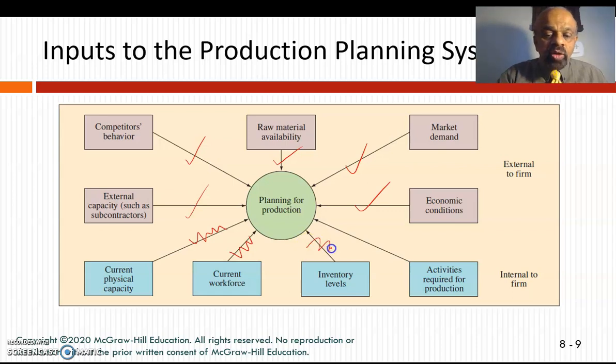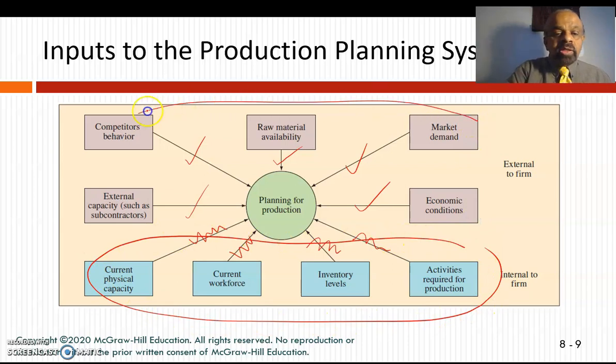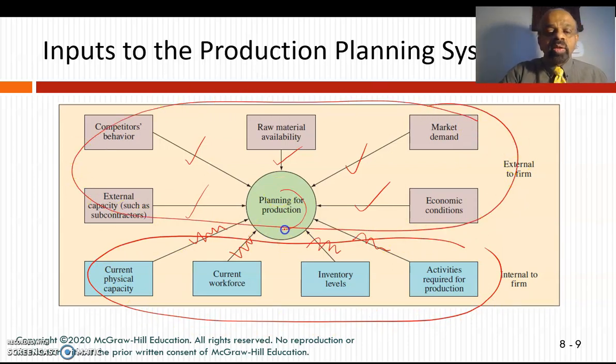I need to have inventory levels, for instance, the raw materials, supplies, and so on. And I need to have certain activities required for production, the processes, cutting something, making a hole, drilling a hole in something, those kinds of things. Those are the activities that I'm talking about in production. These are all internal to the firm, whereas these are external to the firm. And that's what the planning for production is all about.